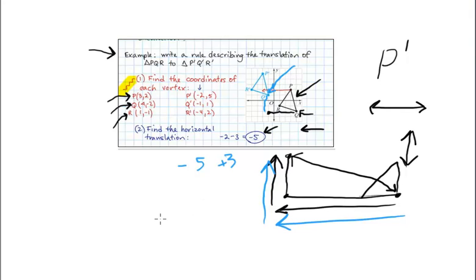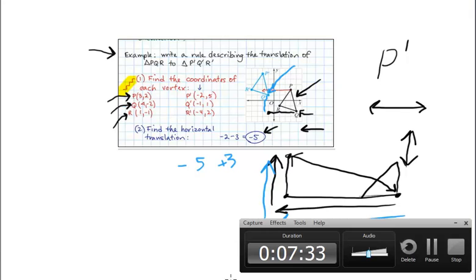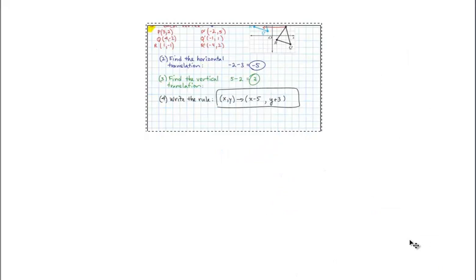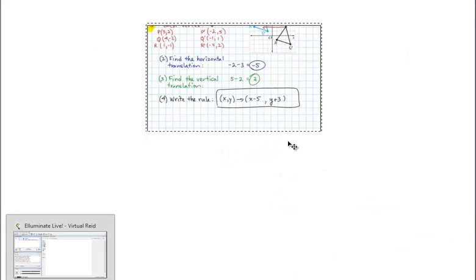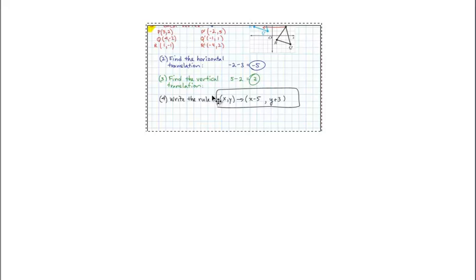So in their example, it showed that this was the rule. Well, we just talked about how we went to the left 5 units.